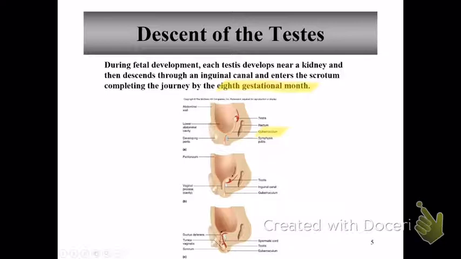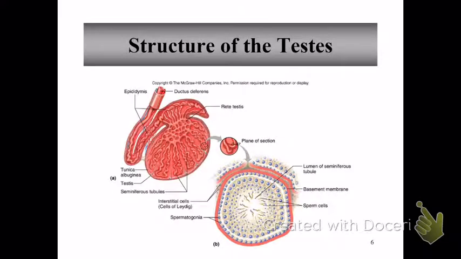So now that you know about a gubernaculum, you can move on. Okay, so this is the structure of the testes, and you can see there's really two types of cells here. There is seminiferous, so I'll highlight that. Seminiferous and interstitial cells. Okay, the seminiferous cells, that's where the sperm is produced. So the sperm is produced in the testes, in the seminiferous tubules. Okay, and in the interstitial cells, that's actually what produces testosterone.